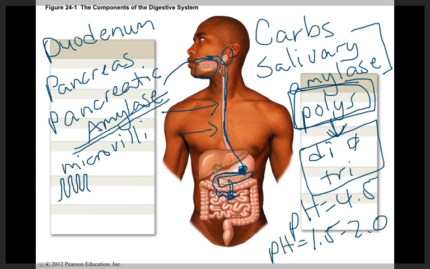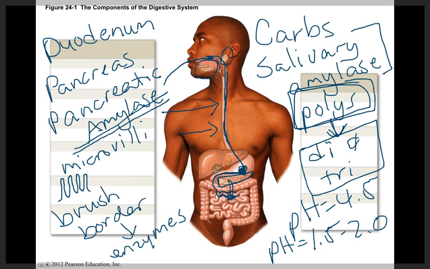The microvilli form what we call a brush border in the small intestine. The cells lining the brush border secrete enzymes called brush border enzymes. And it's these brush border enzymes that will break down the di and trisaccharides into the monosaccharides. Okay, and it's these monosaccharides that can get absorbed into the body.